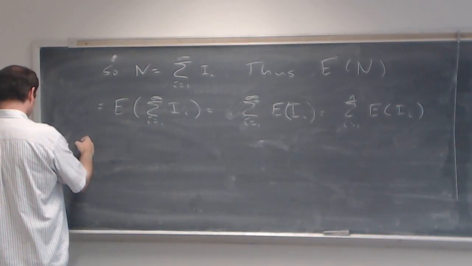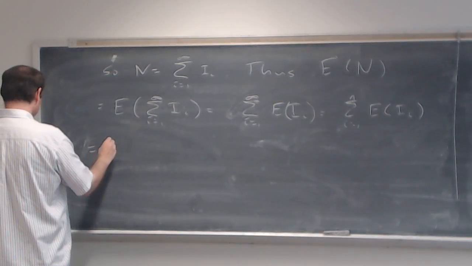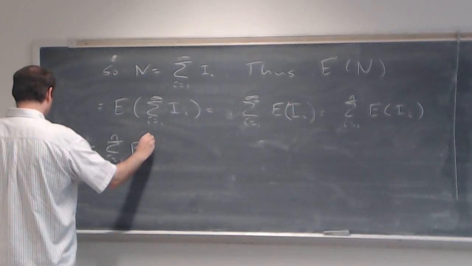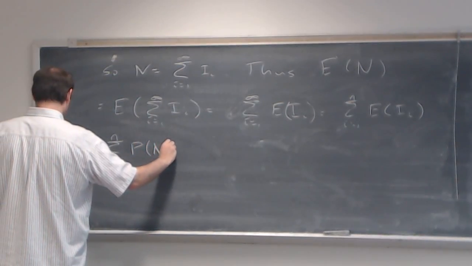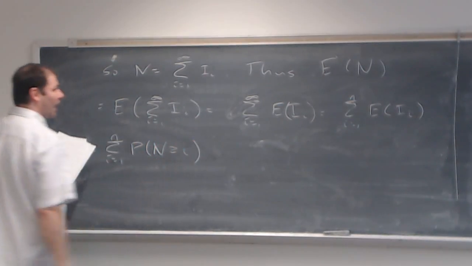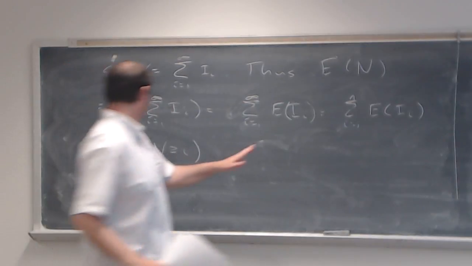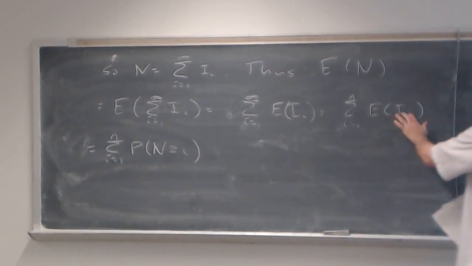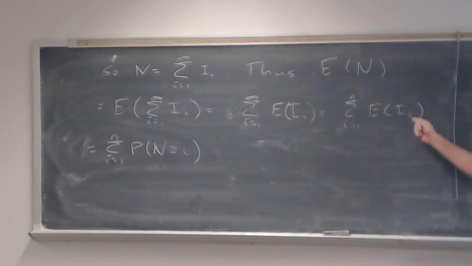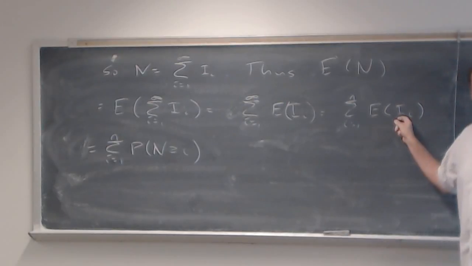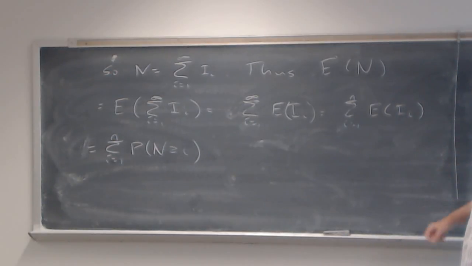Now, that's going to be equal to the sum as I runs from 1 to n of the probability that big N is bigger than or equal to I. That's what the expected value of I sub I is. The expected value of I sub I is nothing more than the probability that N is bigger than or equal to I. That's the definition, because I sub I is a discrete random variable.